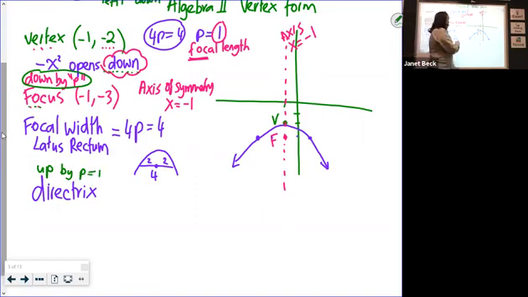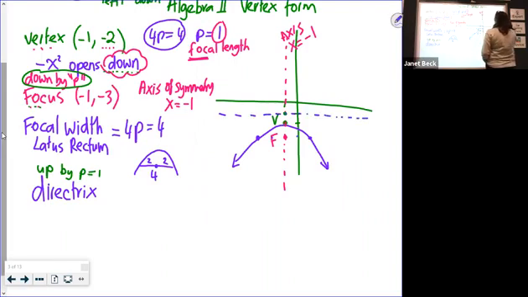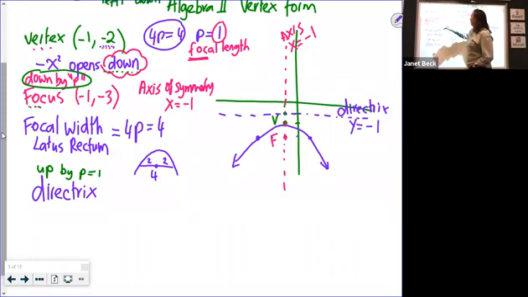Okay, so we go up 1 from the vertex, which will take us to there, but the directrix is actually a line. So I'm going to do a line through that point. It's perpendicular to the axis. And that's the equation. It's y = -1. We moved up 1 from the vertex, and you get to -1. y is -1. So a lot of that should be familiar.